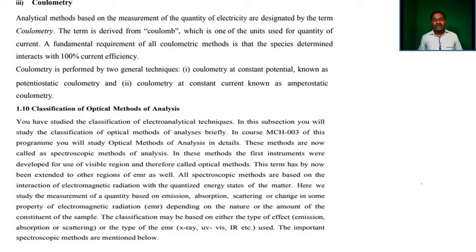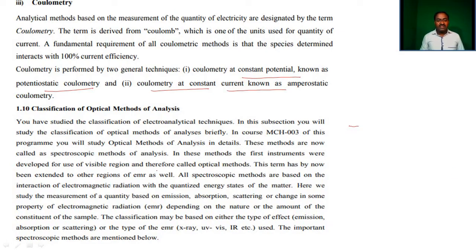A fundamental requirement of all coulometric methods is that the species determined interacts with 100% current efficiency. Coulometry is performed by two general techniques. One is coulometry at constant potential, known as potentiostatic coulometry, and coulometry at constant current, known as amperostatic coulometry.